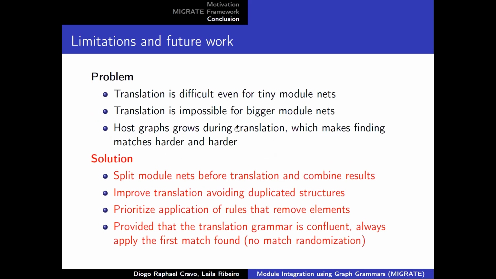In order to solve this, we could try to split module nets before translating to try and control the size of the host graph. We could also improve the translation to avoid duplicated structures. Our last layer today is only removing duplicated structures, so it would be better if we didn't create those structures in the first place. Also, prioritizing application of rules that remove elements helps reduce the size of the host graph.